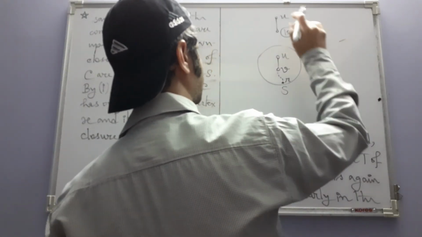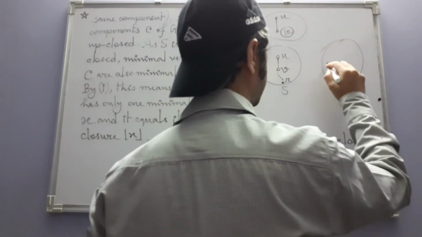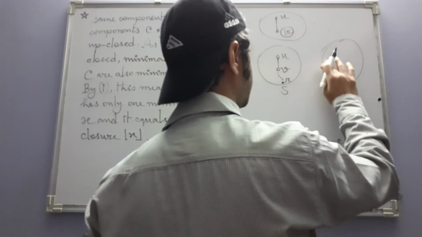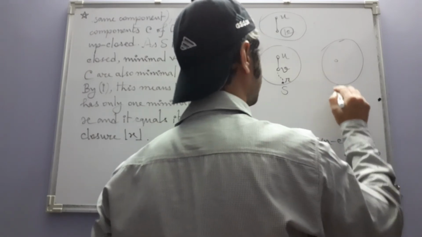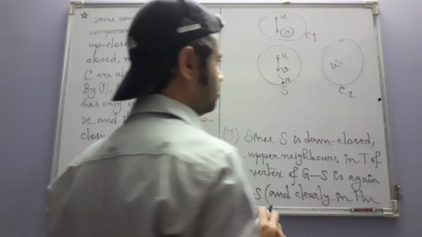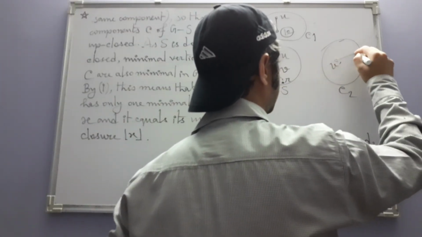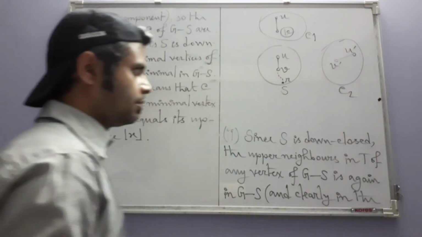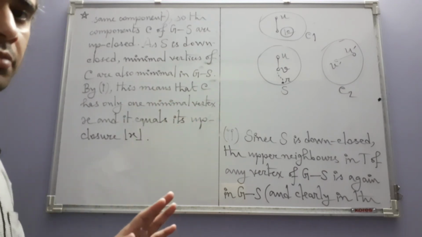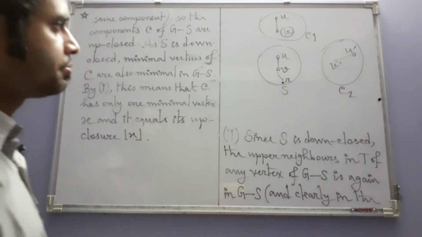So this is one component in G minus S. You may have another component in G minus S. So this is C1, this is C2, you take V prime, which is any vertex in C2, and you find an upper neighbor U prime that is also going to be in G minus S and in particular in C2 because it has to belong to the same component where V prime is lying.